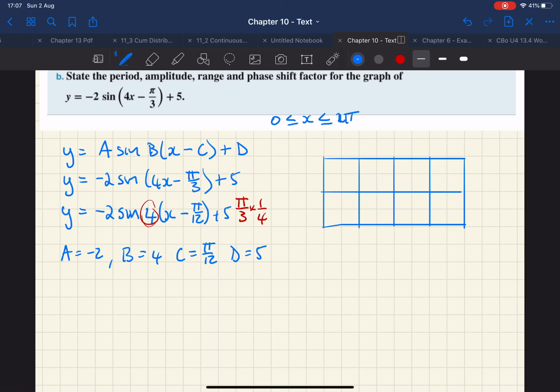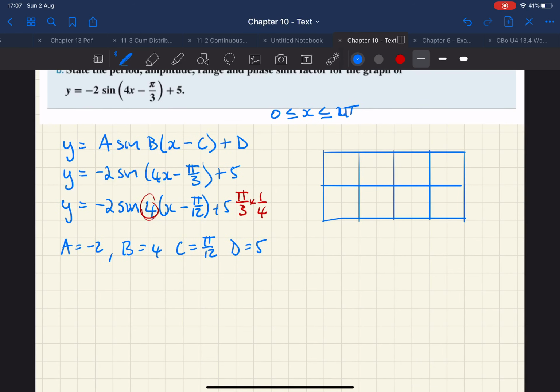If they ask me to draw that, I'm going to do the following. I start off by saying that d is the equilibrium, which means this is 5. My amplitude equals the absolute value of a, that's a straight bracket, which equals negative 2.